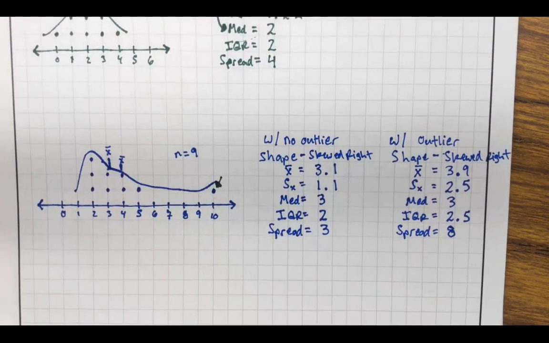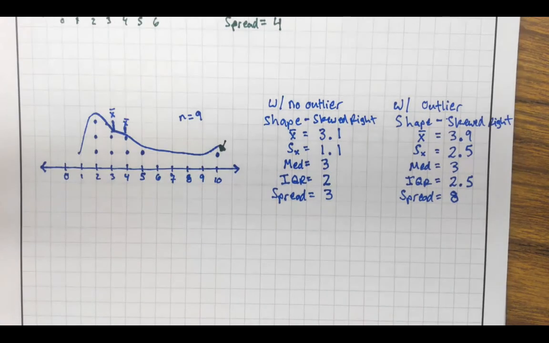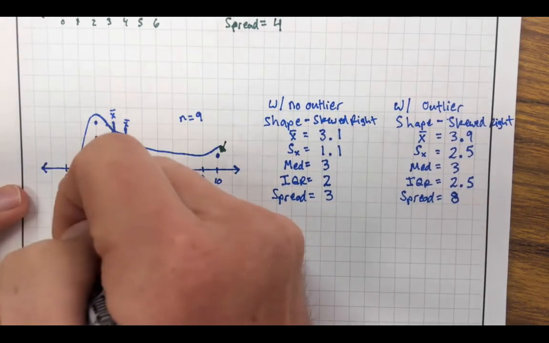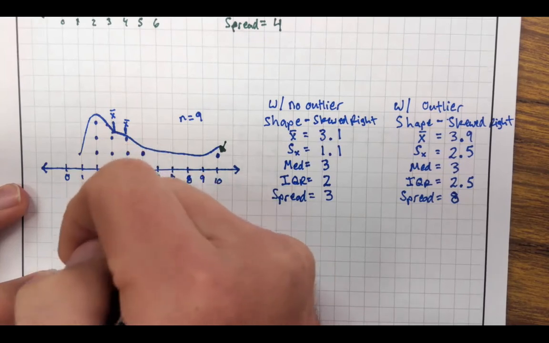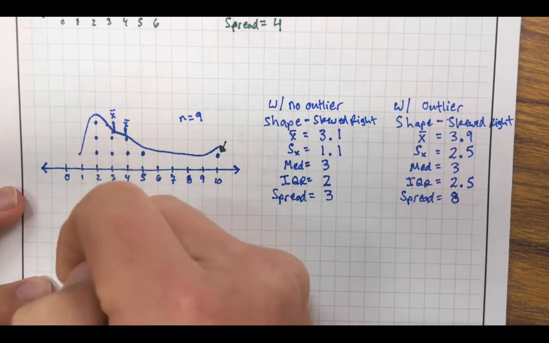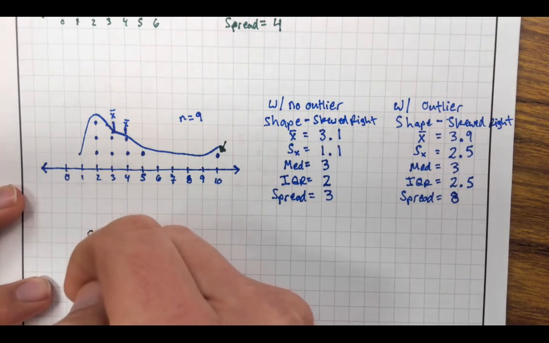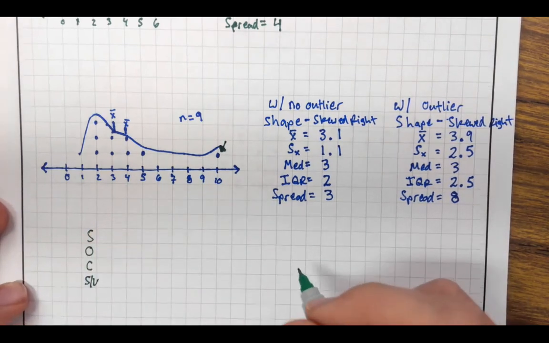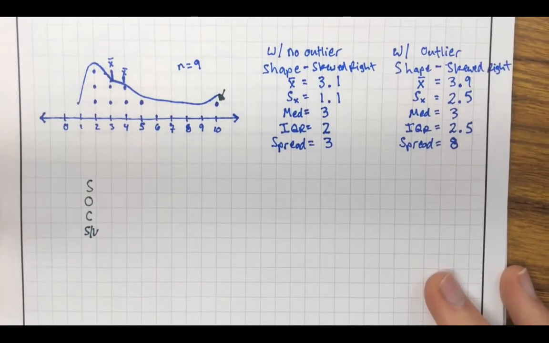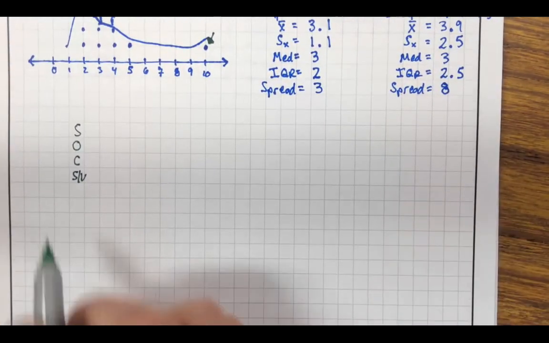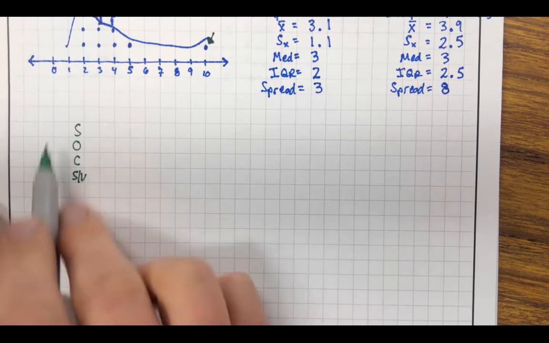Okay, so all I wanted to really talk about now is, remember SOCS. We needed to be able to describe the shape, identify outliers, talk about the center, and also spread and variability. Your distribution is going to affect which values you pick for this.